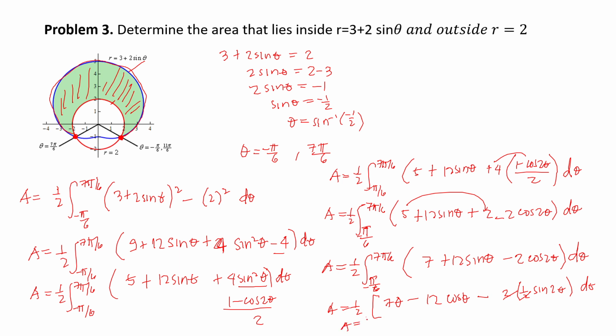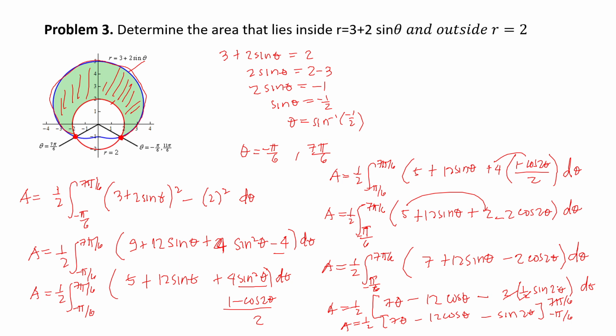So area is equal to 1 half of 7 theta minus 12 cos theta minus sine 2 theta from negative pi over 6 to 7 pi over 6.